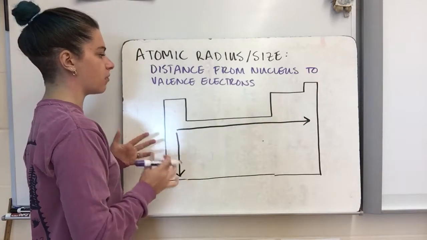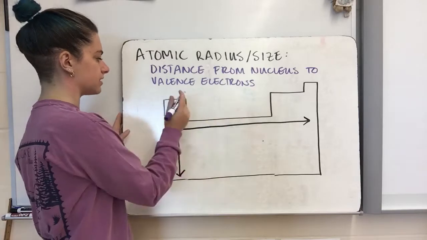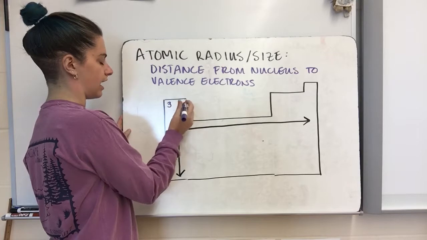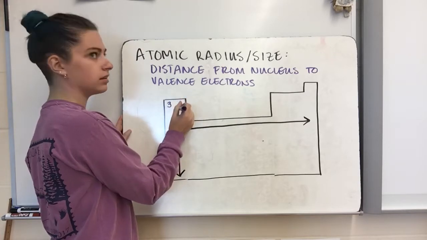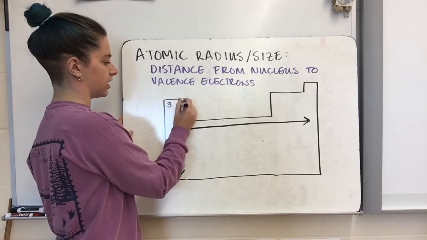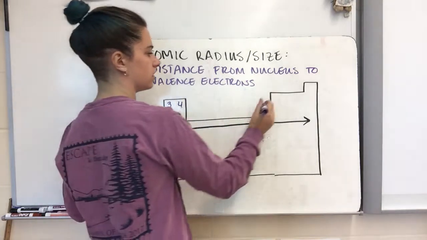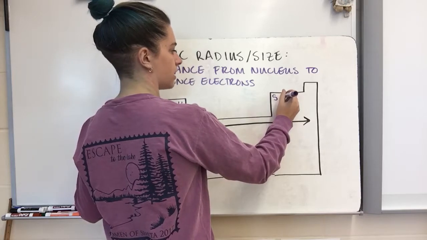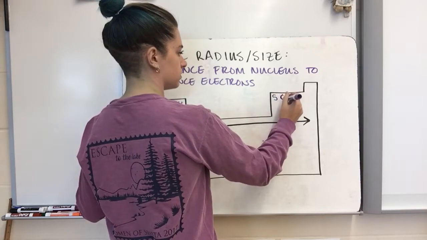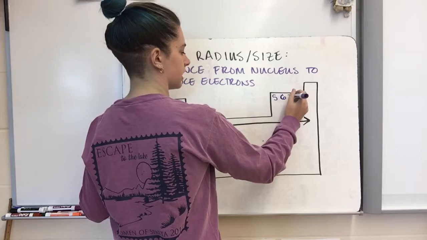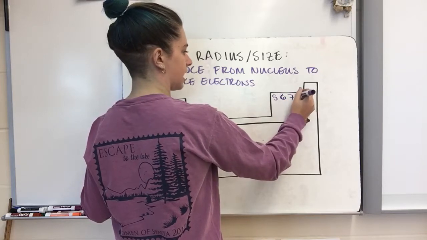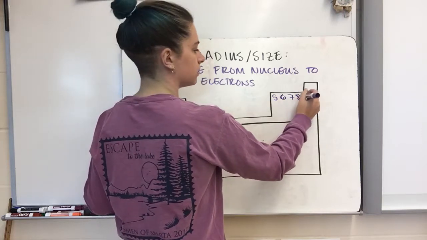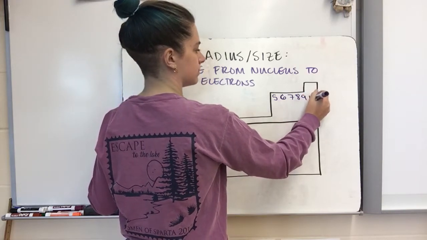Okay, so if we think about what's happening as we start on this side, lithium would be here, and then beryllium, and beryllium has 4 protons, and then boron, and then carbon has 6, nitrogen has 7, oxygen has 8, fluorine has 9, and neon has 10.